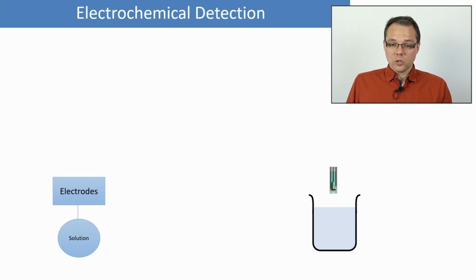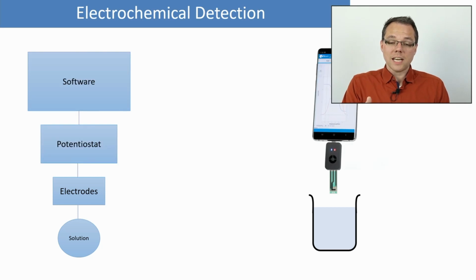You need some electrodes, so the interface between the solid conducting parts and the electronics and the solution. So you have the solution, you have solid conducting parts, and behind that you need electronics to control it, to apply a certain potential, to apply a certain current, and you need software to control this.